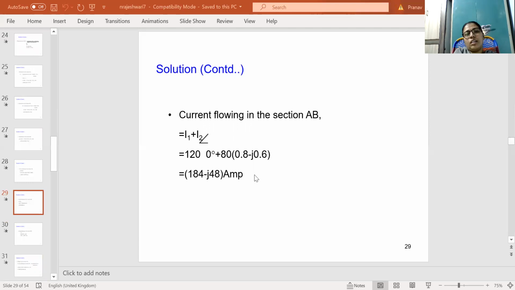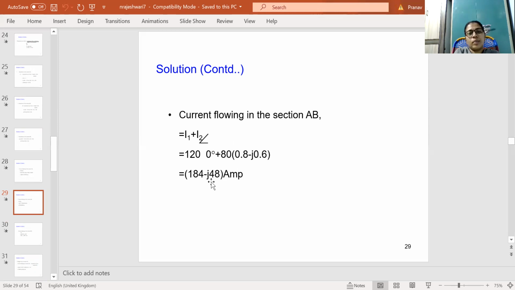After that, the current flowing in the section AB is equal to I2 plus I3, that is 120 at an angle of 0 degrees plus 80 × (0.8 minus j0.6).